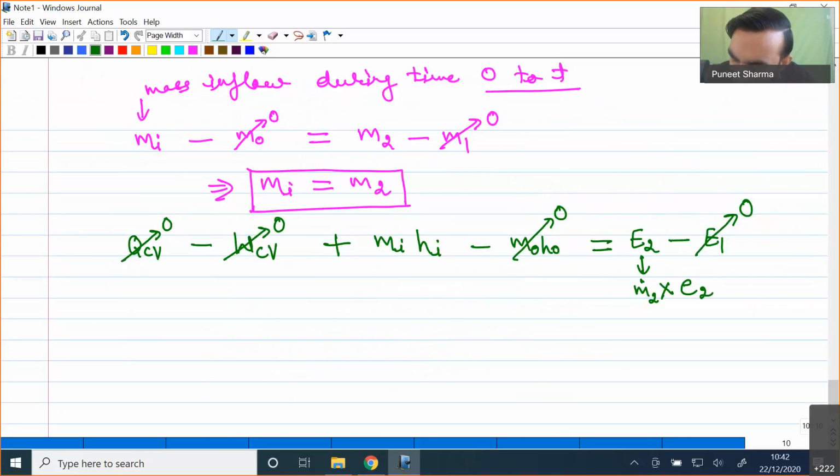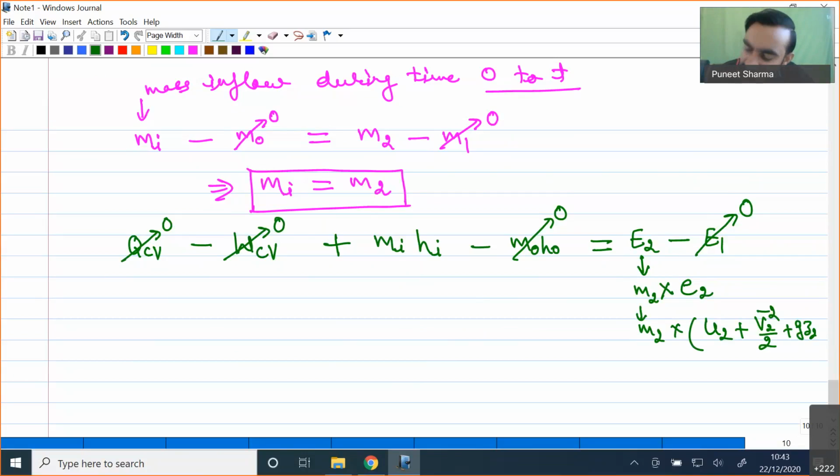And now we know e2 is nothing but my specific energy. So it will be only m2 because we are having final mass. Okay, so m2 into e2, where e2 is my specific energy content. So this we know that m2 into e2 is nothing but u2 plus V2 bar square by 2 plus g z2.